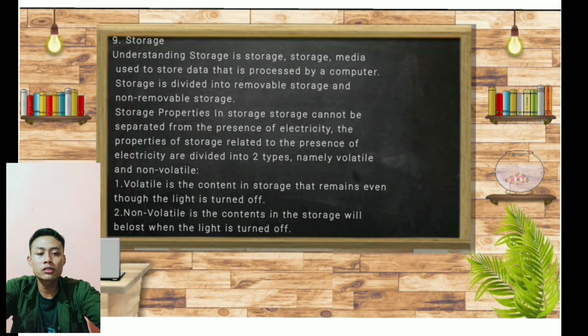The properties of storage related to electricity are divided into two types, namely volatile and non-volatile. 1. Non-volatile is data in storage that remains even though the power is turned off. 2.